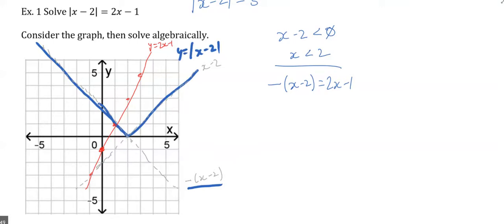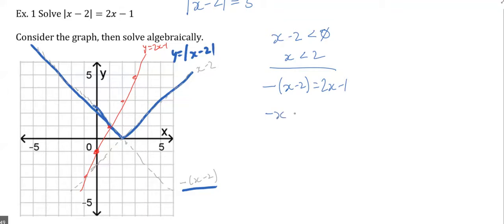Remember this? So negative x plus 2 equals 2x minus 1. I'm going to move the 2x over, and I get negative 3x, and I'm going to move the 2 over, and I get negative 3, and x equals 1.